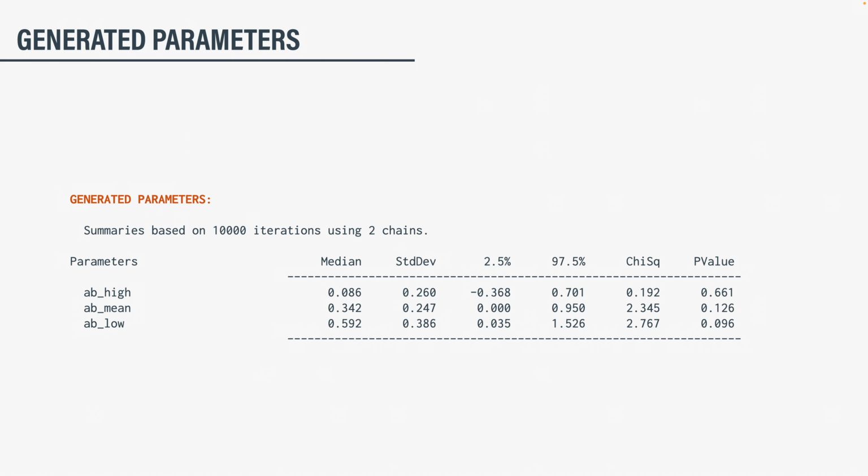The generated parameters table now has 3 indirect effects, 1 for each level of the moderator. So again, we want to ignore the chi-square statistic and p-value and look at the 95% intervals. So just looking at the point estimates, we can see that the indirect effect is stronger at low levels of the moderator, and it's weaker, closer to 0, when the moderator is high.